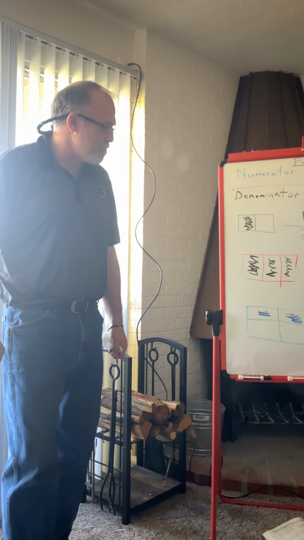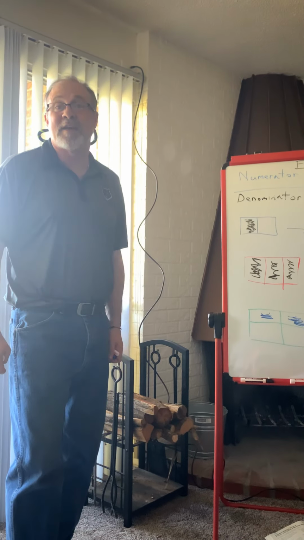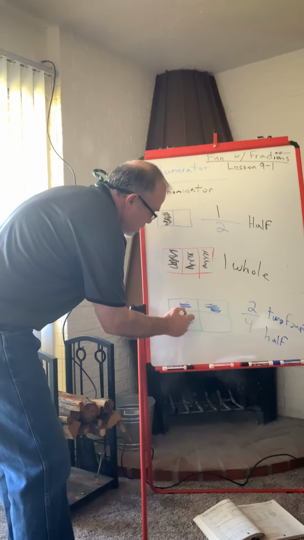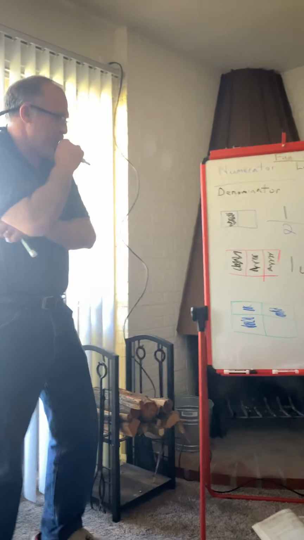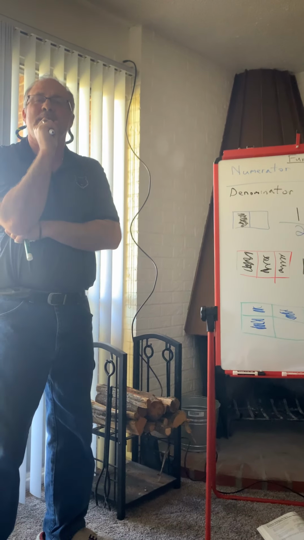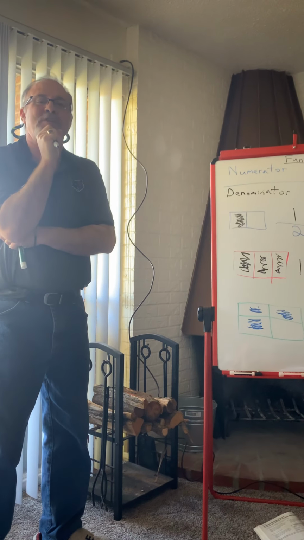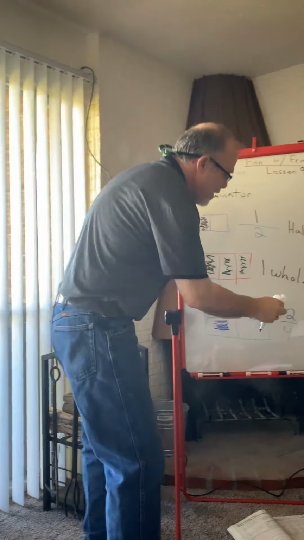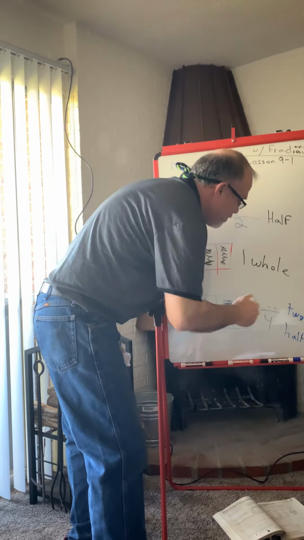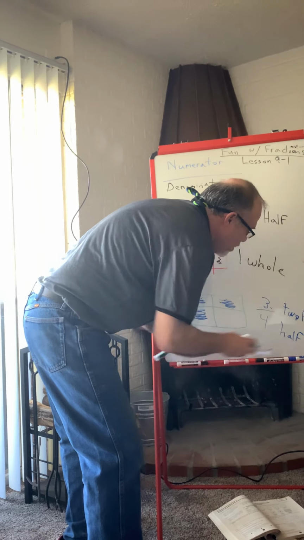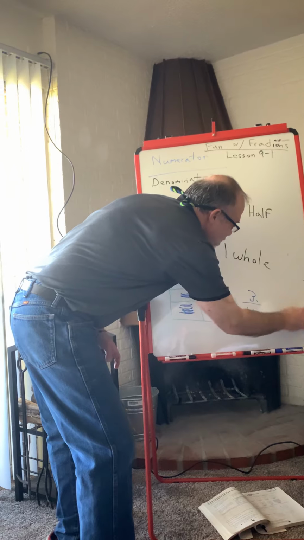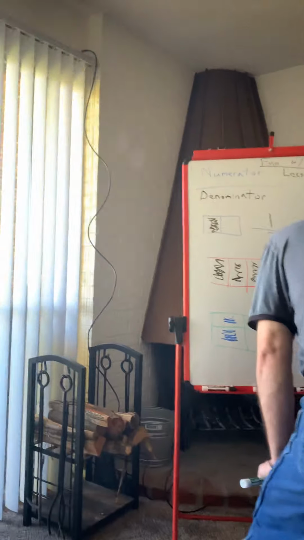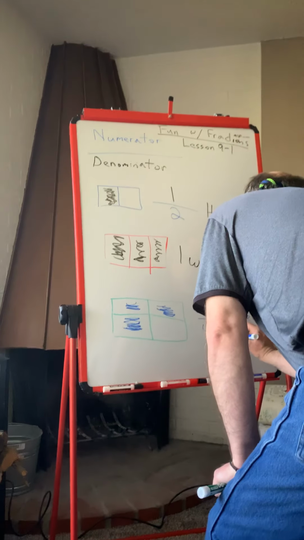All right, Mr. Blackledge, what if I decide to shade a third piece? Good question. What do you think it's going to be? You're right, absolutely. It's going to be 3 over 4, or we're going to call that 3/4.